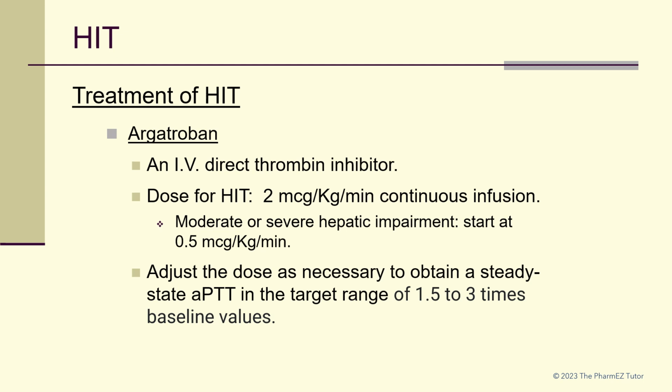baseline values. Some clinicians advocate initiating therapy for all patients at a more conservative lower dose of 0.5 micrograms per kilogram per minute and reducing the dose for hepatic impairment to 0.25 micrograms per kilogram per minute.